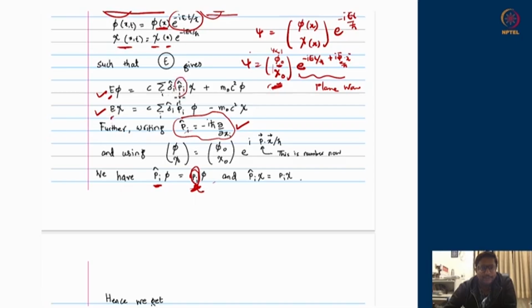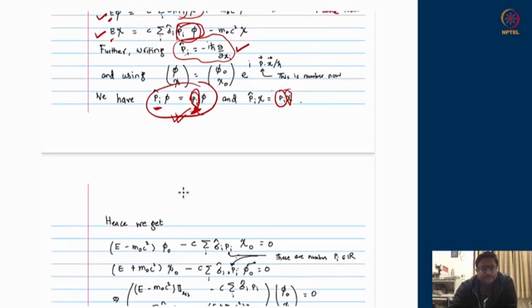The sigma i p i operator will give me p i here because of the first equation, and this sigma i p i on chi will give rise to real numbers p i times chi. And similarly, in the second equation, the first term on the right hand side will also become p i times small phi due to this decomposition, which is the eigenstate of the momentum operator.